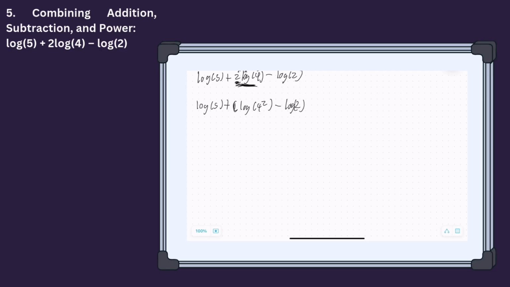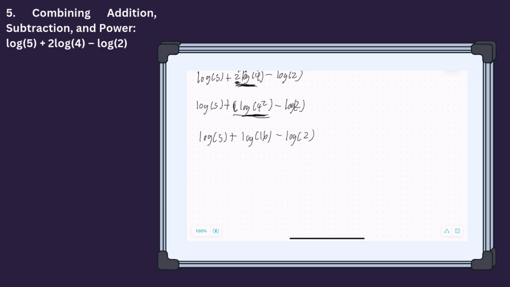Now I want you again to focus on the second term. What's 4 times 4? 4 times 4 is equal to 16 since we raise it to the power of 2. So we write log 5 plus log 16 minus log 2.